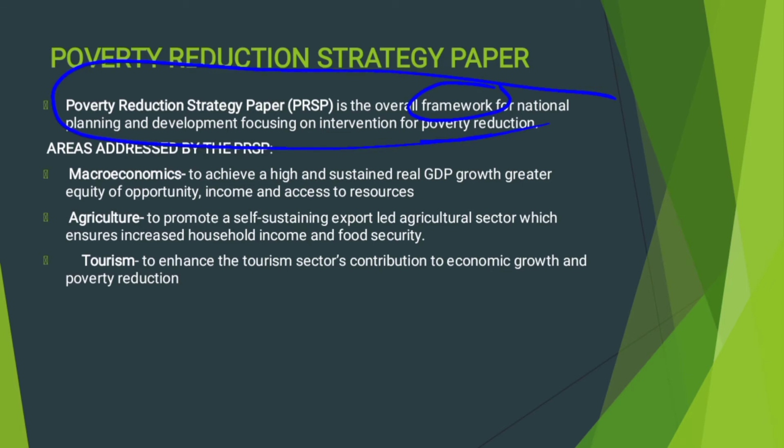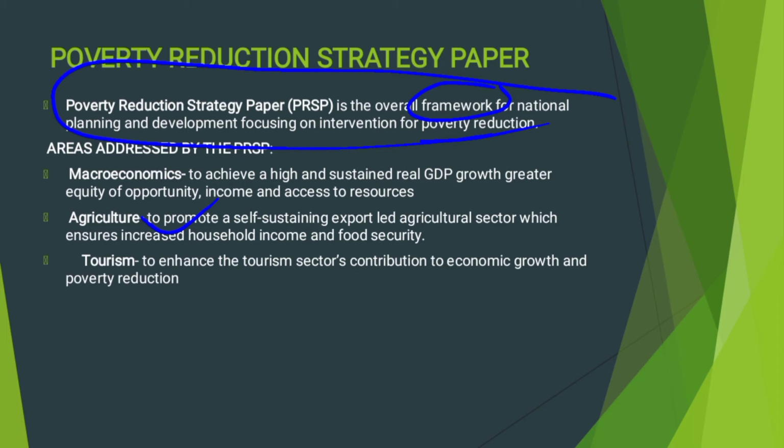Apart from that, they also plan to touch the agricultural sector. Agriculture. To promote a self-sustaining export-led agricultural sector, which ensures increased household income and food security. Once they touch this one, poverty can be alleviated.